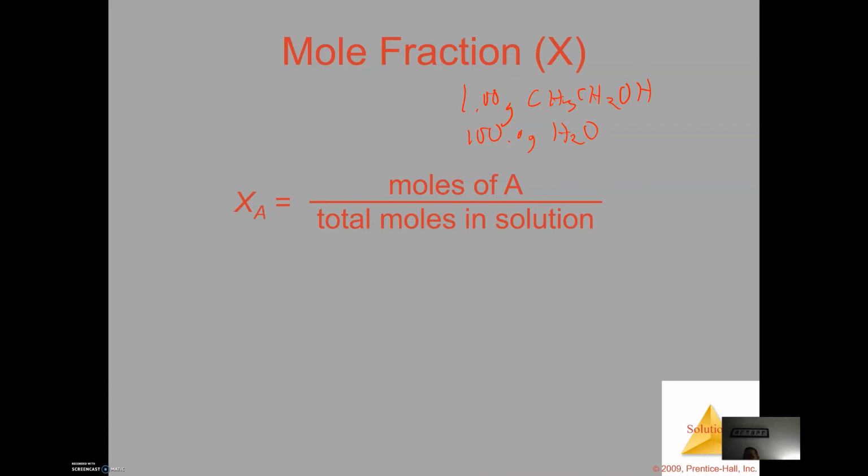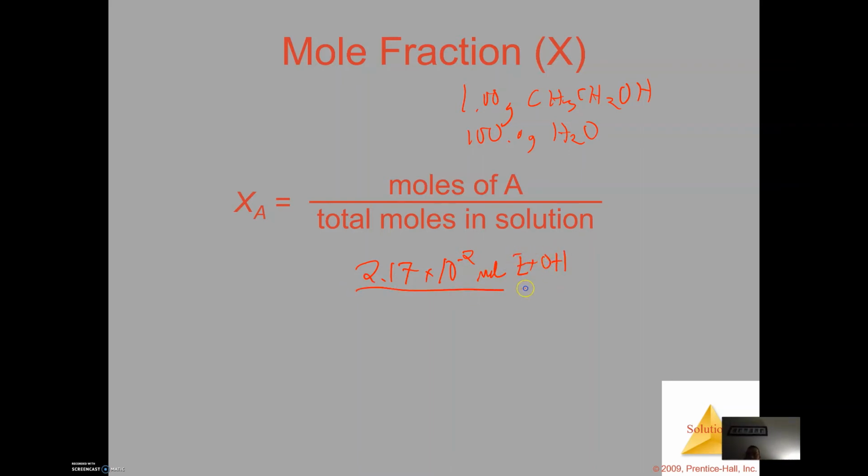All right. The molar mass of ethanol is 46.07 grams per mole. We're going to take the 1 gram and divide it by 46.07. And so the moles of ethanol are 2.17 times 10 to the negative 2. The abbreviation for that is EtOH.